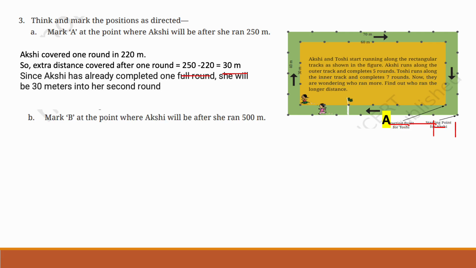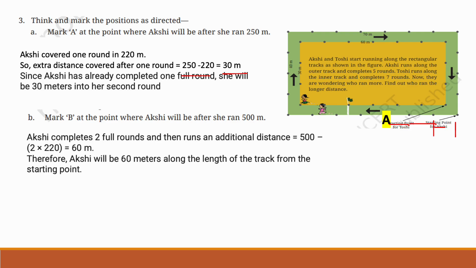Mark B at the point where Akshi will be after she ran 500 meter. So when she ran 500 meter, how many full rounds will she complete? Akshi completes 2 full rounds and then runs an additional distance of 60 meter. Why? Because 2 full rounds you have to subtract from 500.